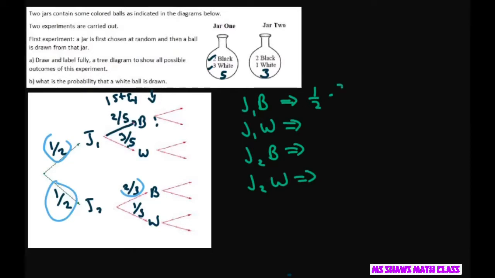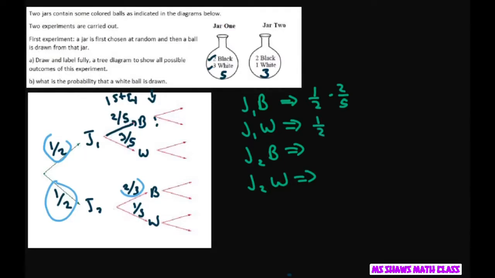So let's get the probabilities. So we're going to get jar 1 with black, jar 1 with white, jar 2 with black, and jar 2 with white. And all you're going to do is multiply these numbers. So we're going to get 1/2 times 2/5, and the second one would be 1/2.